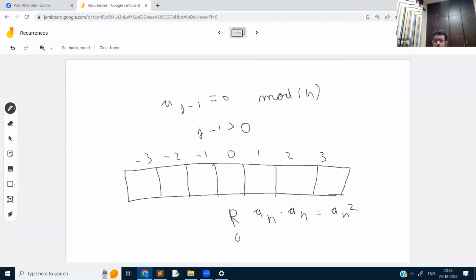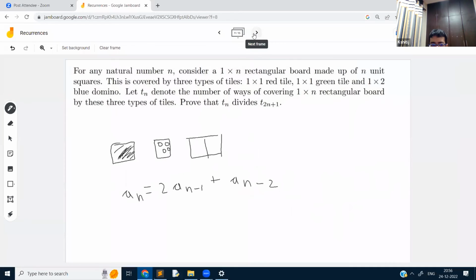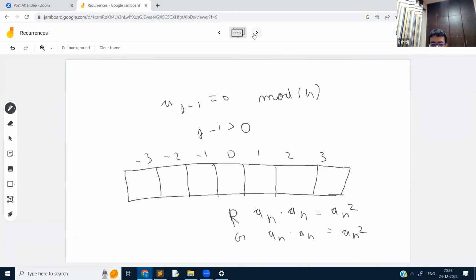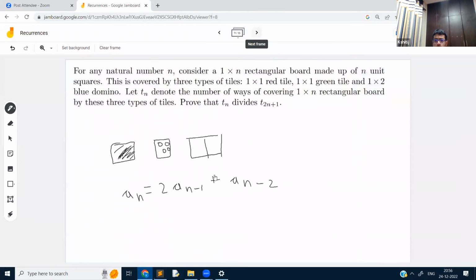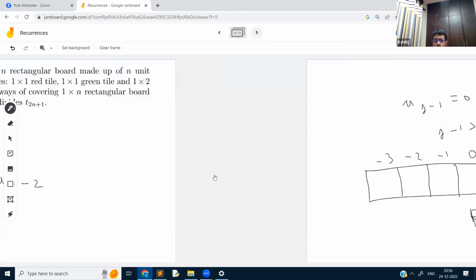Now, if it's being covered by a green tile, we can also write it in the same way as An squared. Now there are two more cases based on if it's being covered by the other tile, which is blue in color.